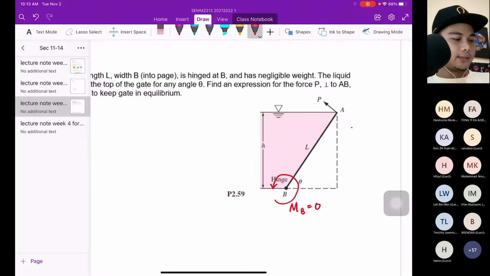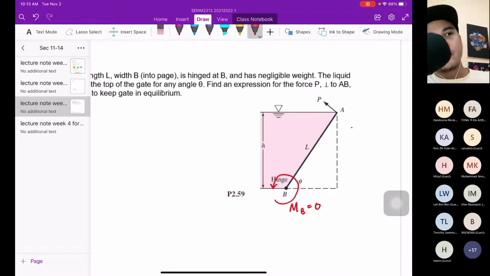Class? Why don't I apply it at point A? What do you think? Because of the reaction force in the y and x direction.